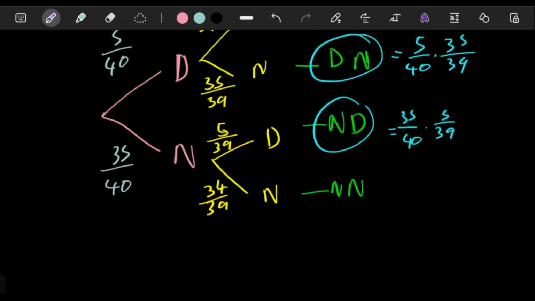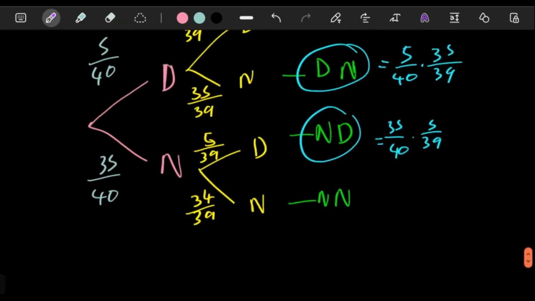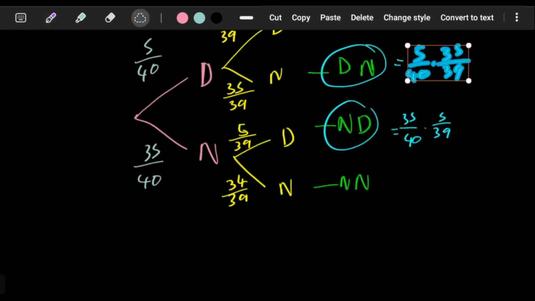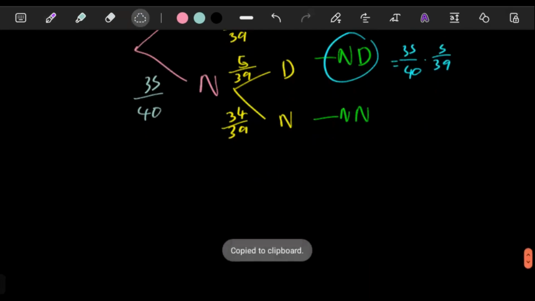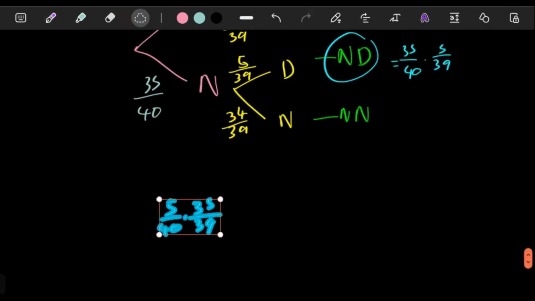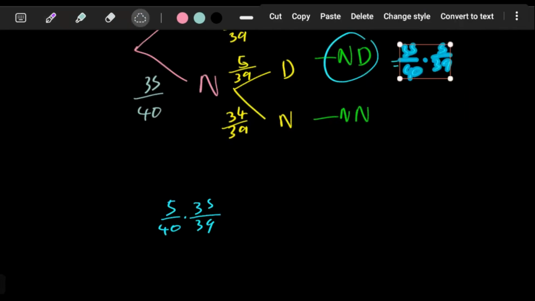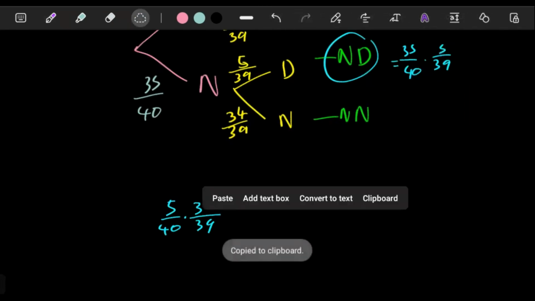You see, it's not crazy, it's not anything out of our reach. So here you're going to have your value, whatever it is, and you want to add it to this second value over here. Copy, paste.